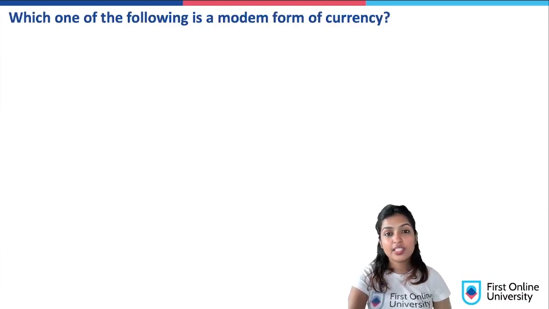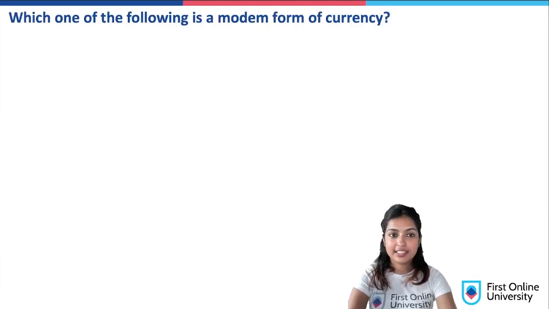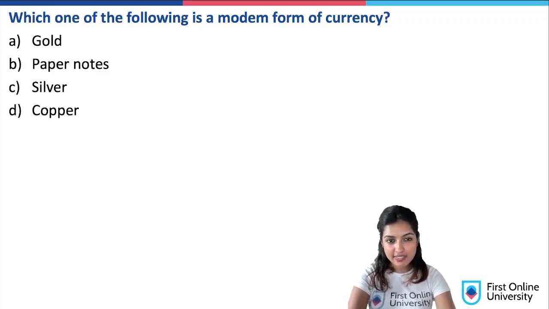Which one of the following is a modern form of currency? A. Gold, B. Paper notes, C. Silver, D. Copper.